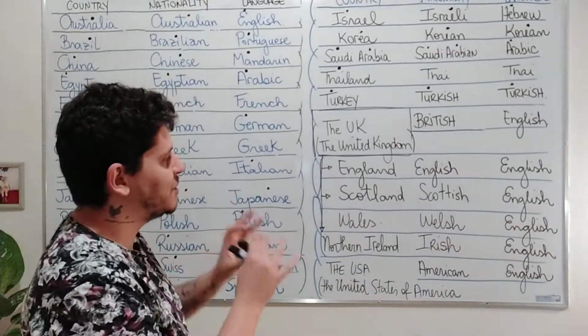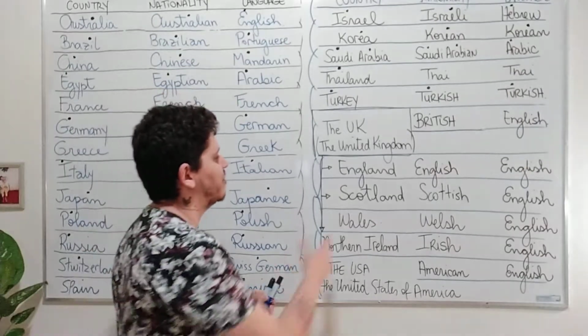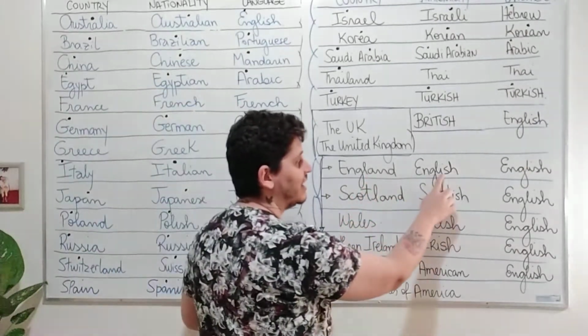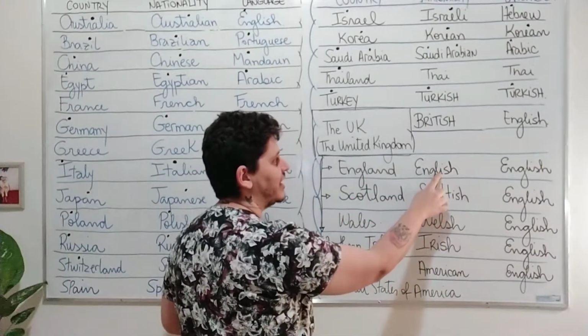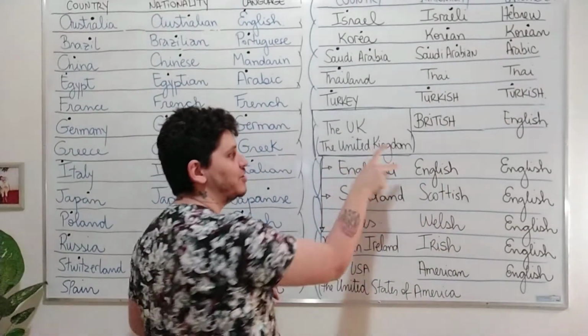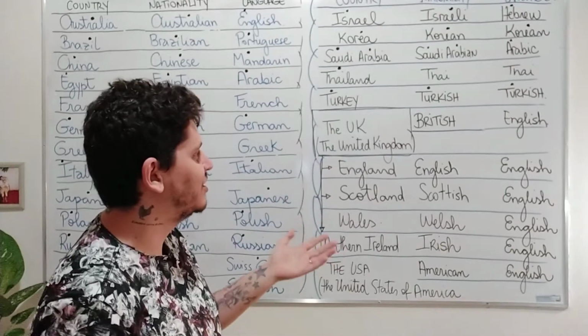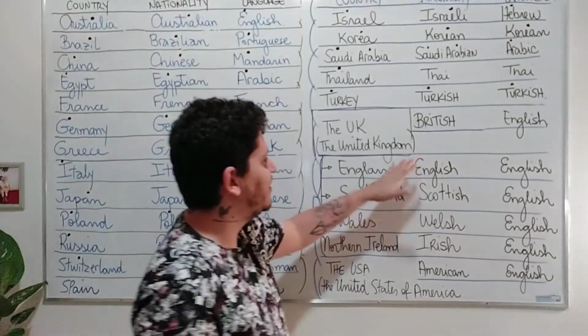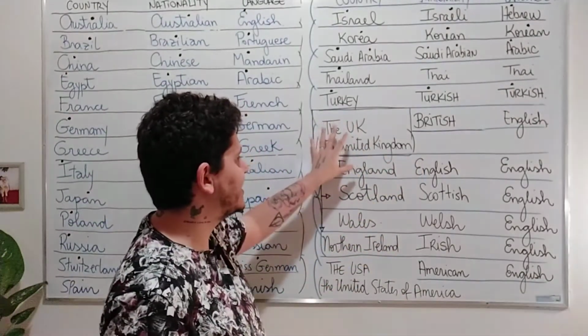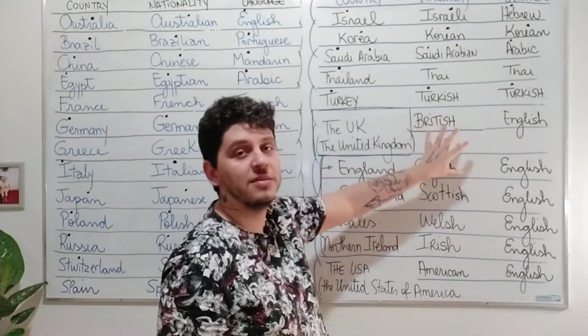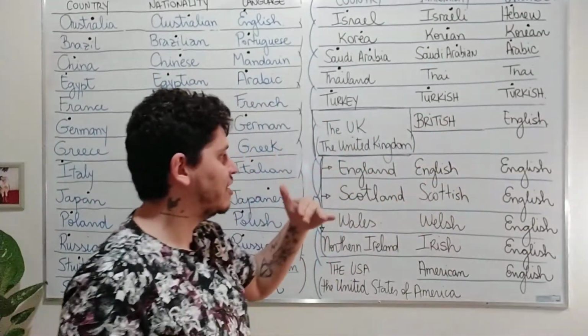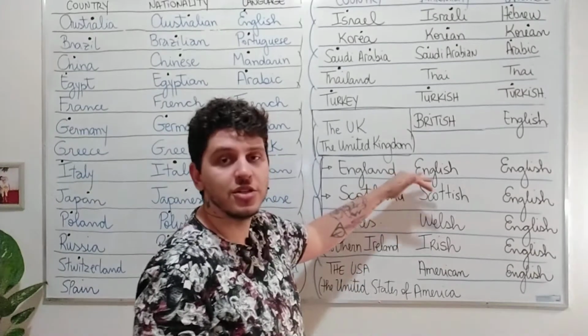But now talking specifically about these countries. If you are born in England, you are English. That's your nationality. So you kind of have two nationalities. Actually, that's not the reality. But if you see yourself as a member of the UK, you are considered British. But if you want to sound more specific, you could say you are English.